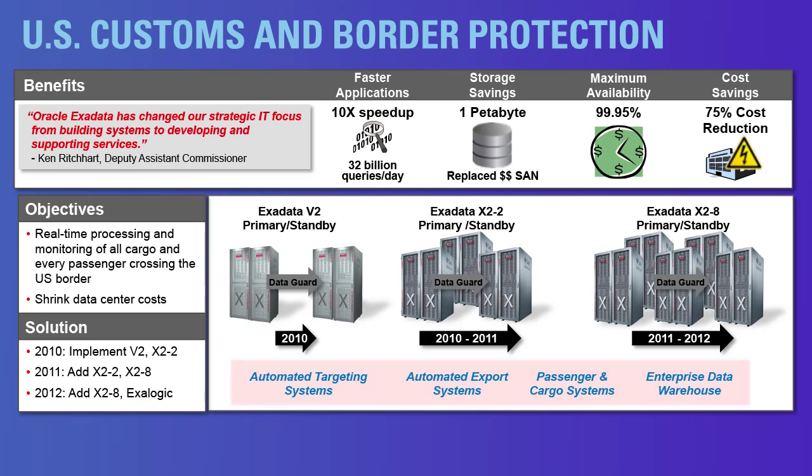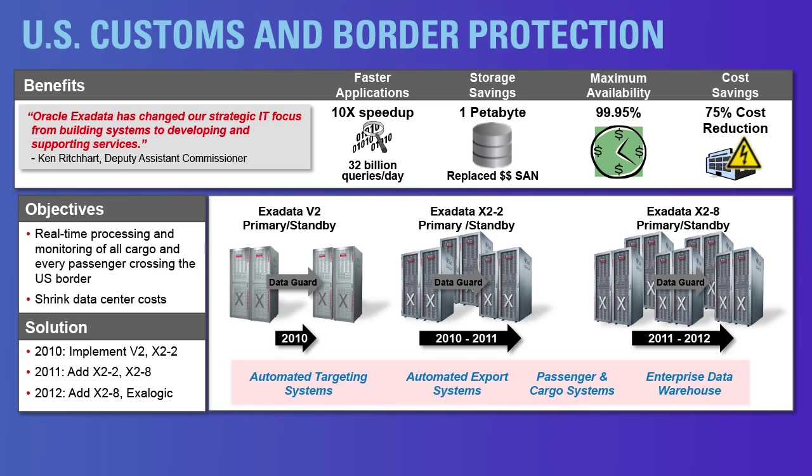They have 1 petabyte of data, and they replaced quite a few SANs that they were using as their old storage. Because of the compression technology in these Exadata systems, they were able to cut huge costs by moving lots of compressed storage into these Exadata environments and not have to keep supporting the expensive SANs.